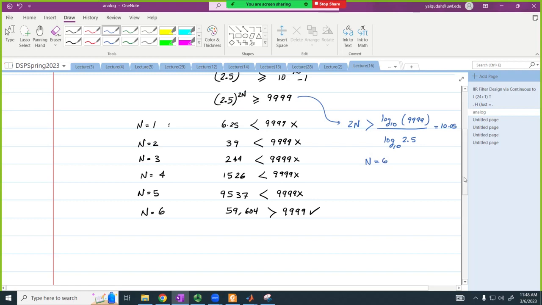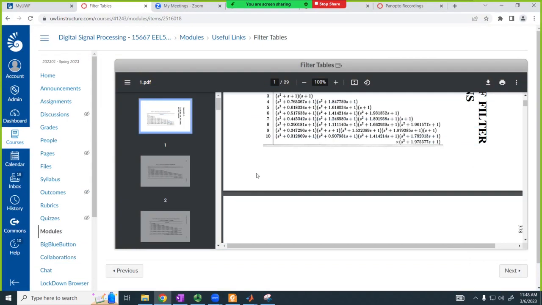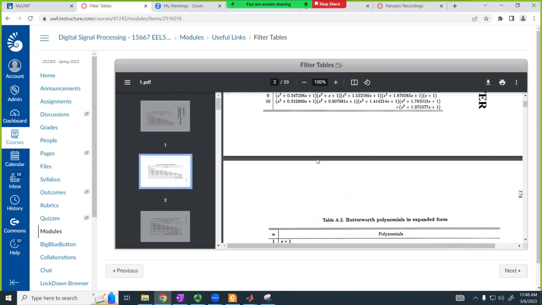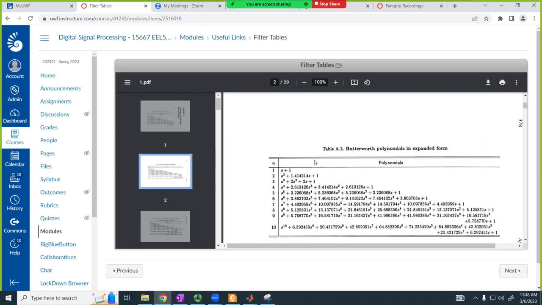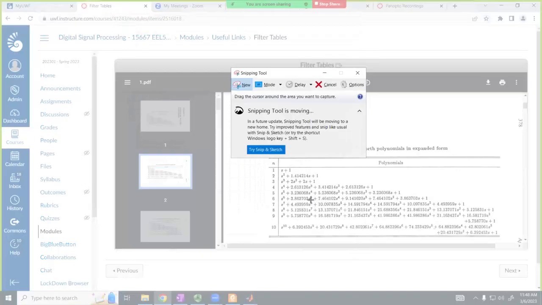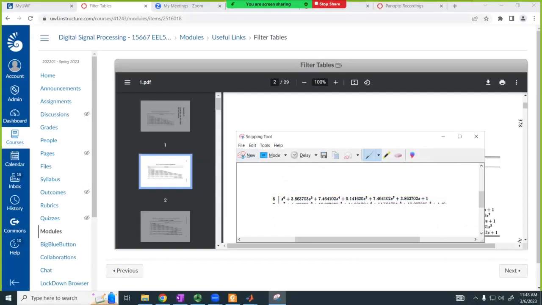Okay. So now that we calculated the order of the filter, we can go to our table, and if n is equal to 6, we can take it from here. This is the polynomial for the filter.